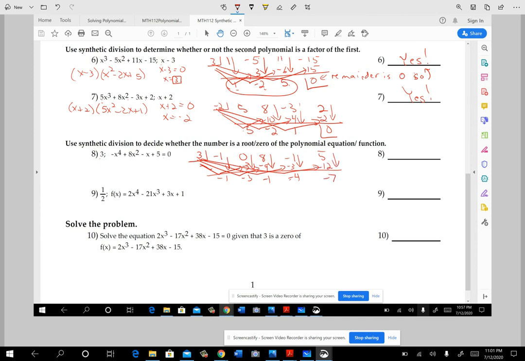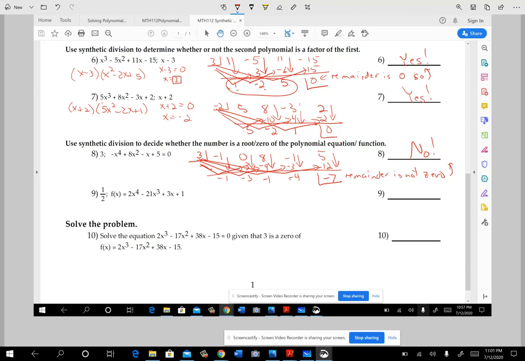Add straight down, you get -7. Okay, that's the remainder. Remainder is not 0. That means that 3 is not a root. Okay, so no.